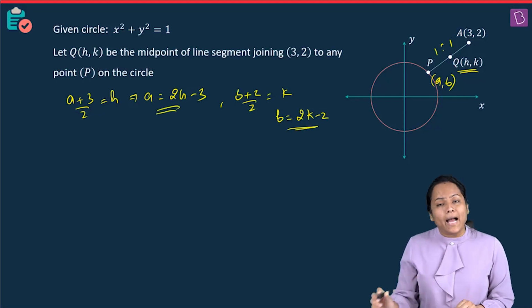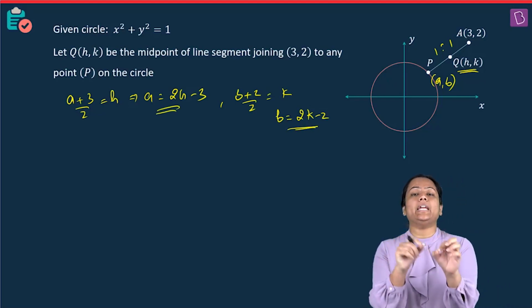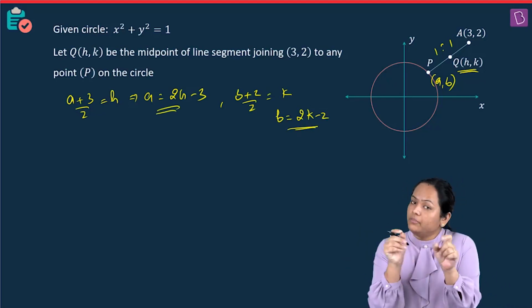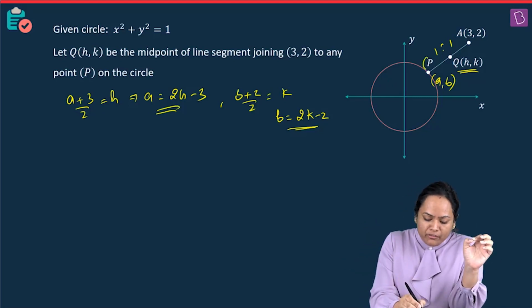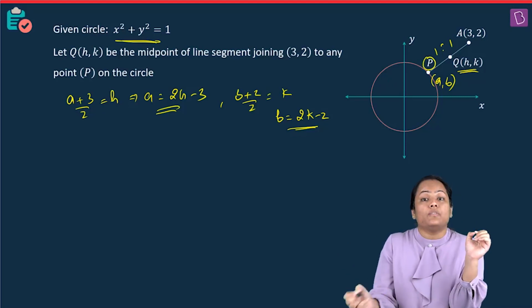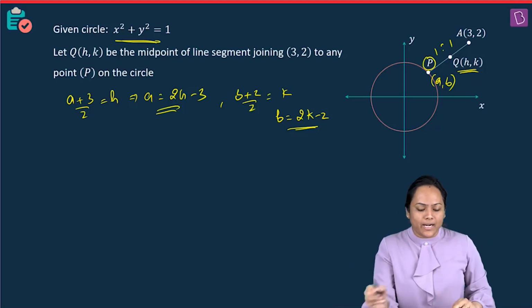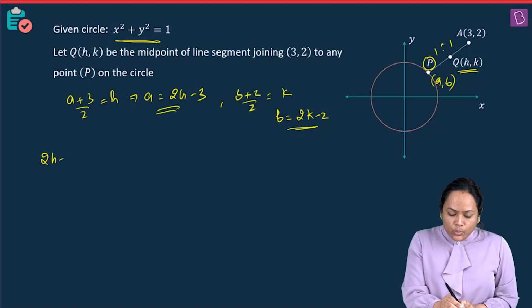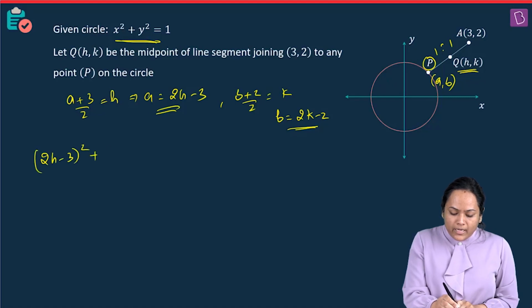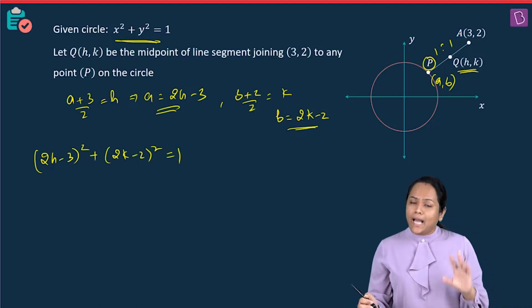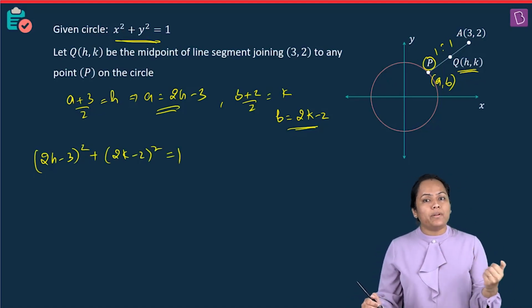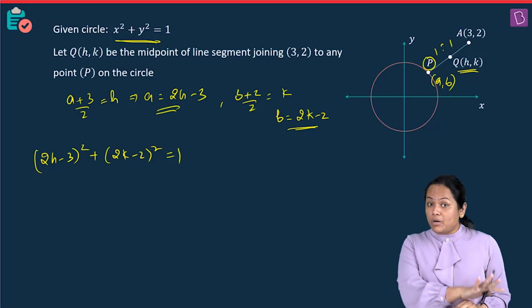So now I have obtained A and B in terms of h and k, which is what we needed. And now we'll substitute the coordinates of point P in the given equation of the circle. So when I do that, it's going to become 2h minus 3 whole square plus 2k minus 2 whole square is equal to 1. And here if I take 2 common from both the brackets, it will come out as 4.